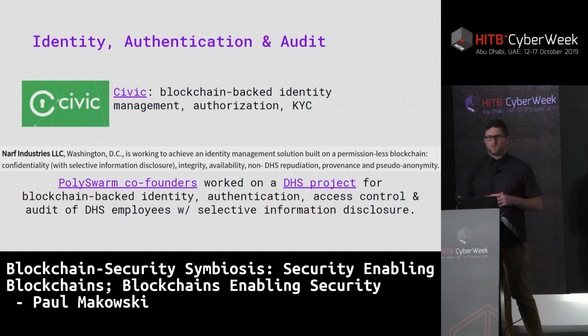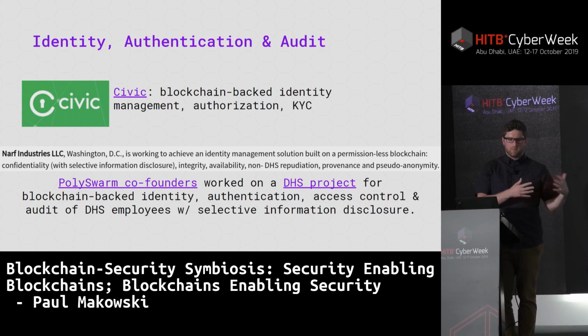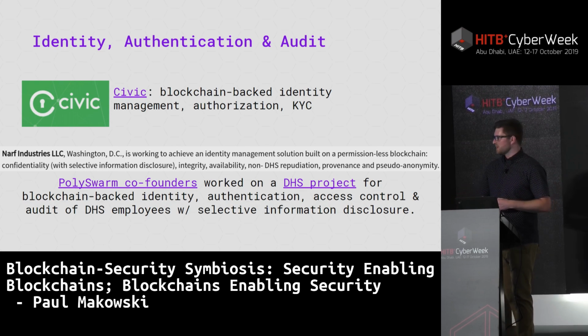So DHS wanted to use blockchain to have a better handle on their employees accessing various secure sites and selectively revealing attributes of those employees to maintain a limited need-to-know basis. So this was for DHS's own employees going to various sites and only revealing what they needed to in order to actually get access to the information that they needed.